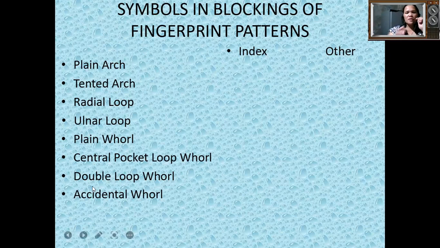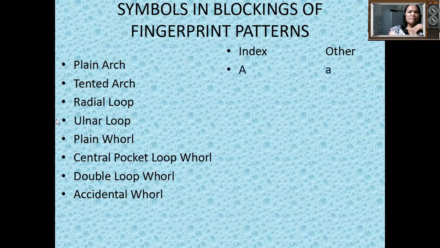For the other fingers, such as the thumb, middle, ring, and little, you use small letters, except for the plain whorl, which still remains a capital letter. And one thing more, instead of using small r or small u for radial loop and ulnar loop, you can also use a slant, depending on the slant of the fingerprint pattern.